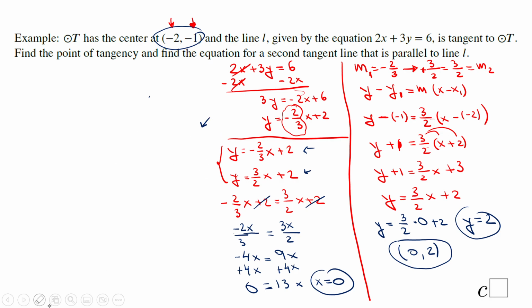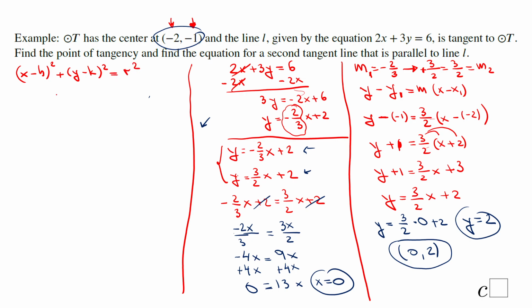So, last part. We're going to have (x minus h) squared plus (y minus k) squared equals r squared. We know the center.